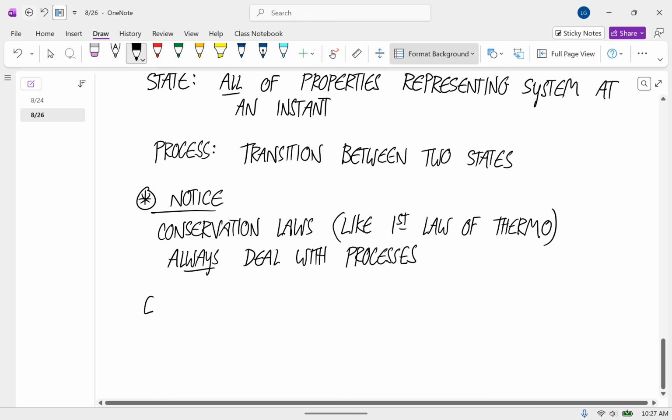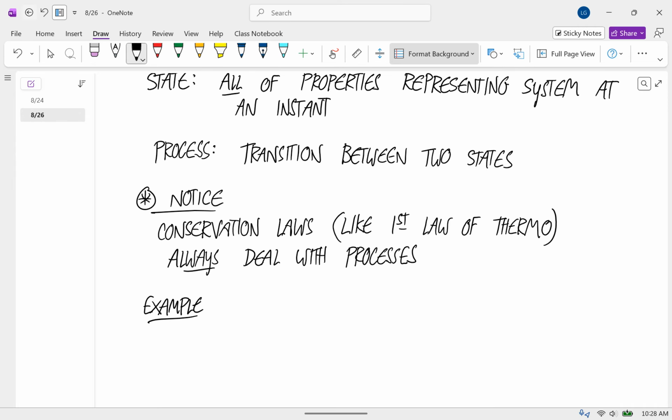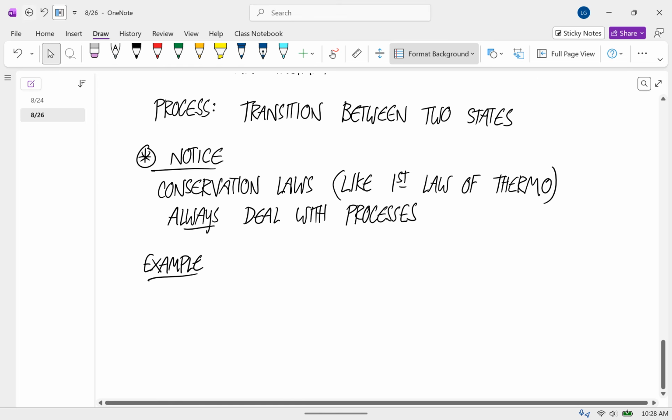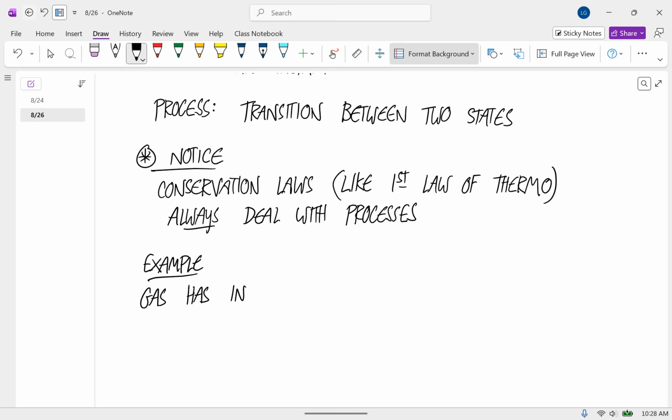Okay, so let me illustrate these in an example. So let's say that we have a gas that has an initial pressure of 2.0 times 10 to the fifth pascals.